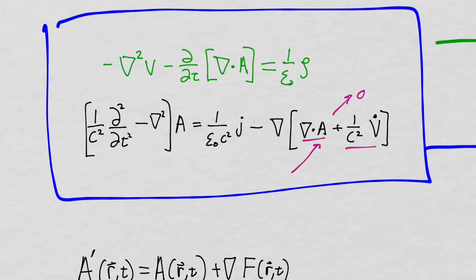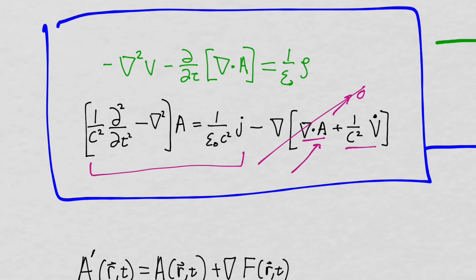And if I could do that, well then, what would happen now? Well, this term goes away, and I just get this very much simpler wave equation for A. It's just a straight-up wave equation for A. Inhomogeneous, granted, which definitely makes it hard, but it's still just a wave equation for A.